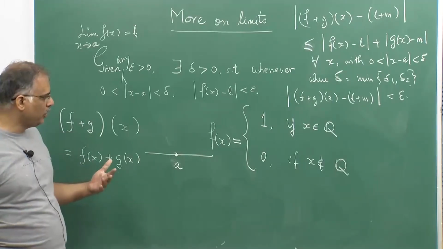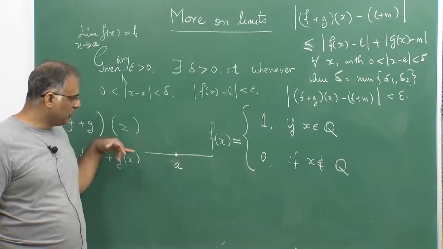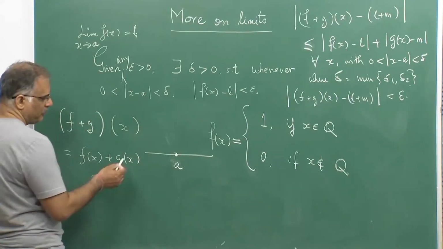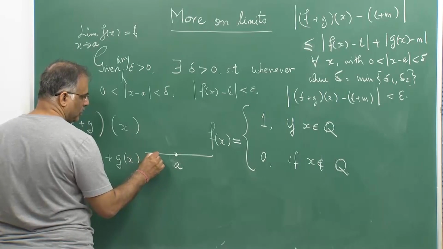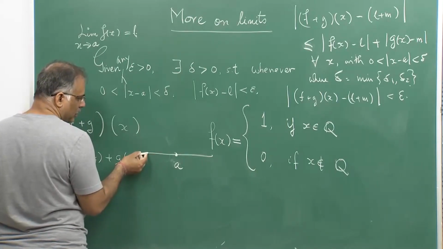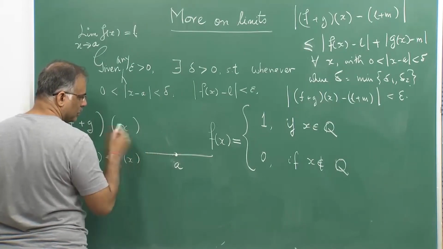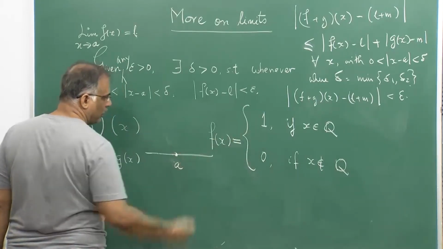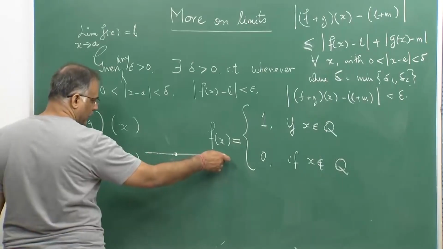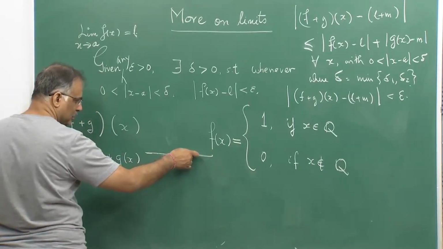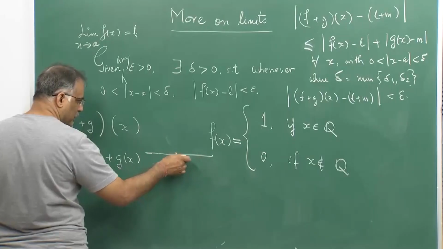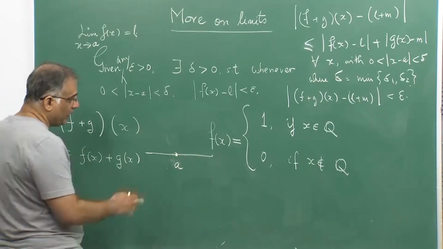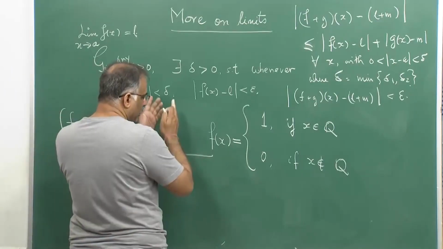So I can think of taking only the rational numbers, then my value would be 1, but if I take only the irrational numbers that also approach a, then the value would be 0.